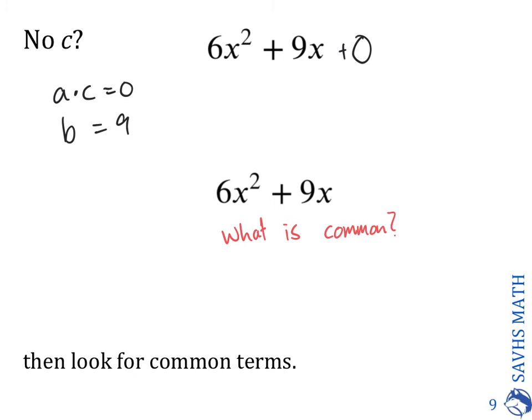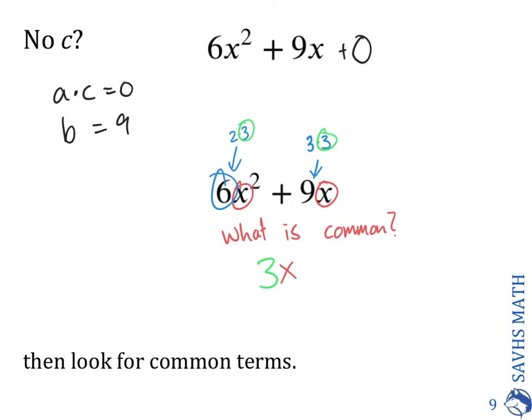Okay, what's in both terms? I have an x and I have an x. And in the 6, there's a 3. And in the 9, there's a 3. So I can factor out this 3 and this 3 and say that there's a 3x in common.